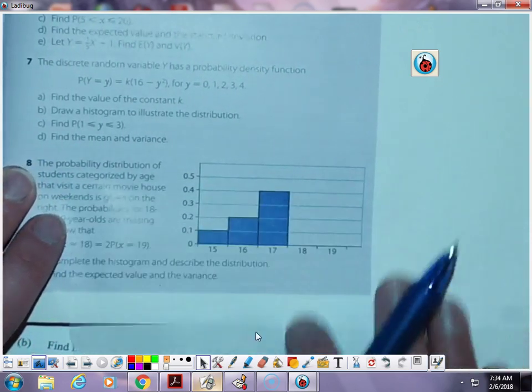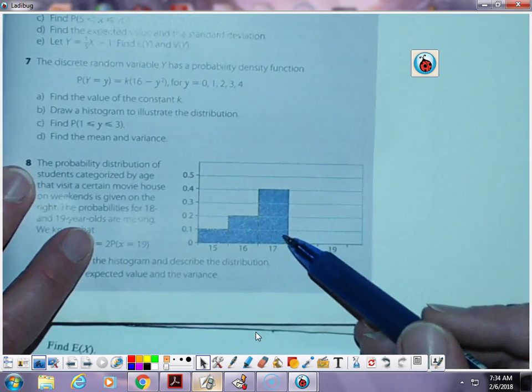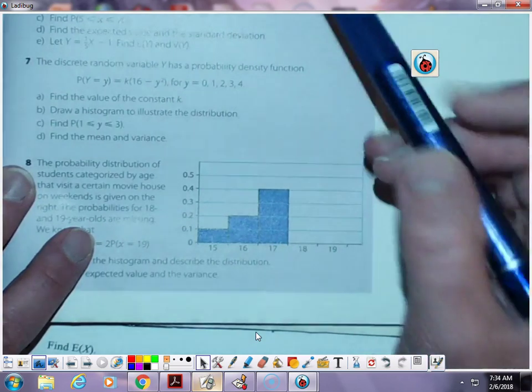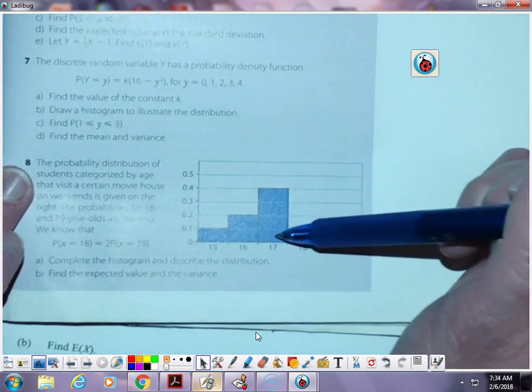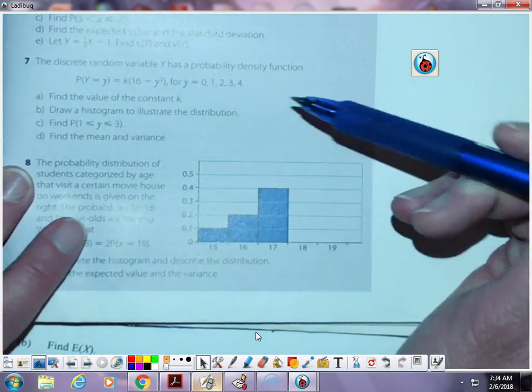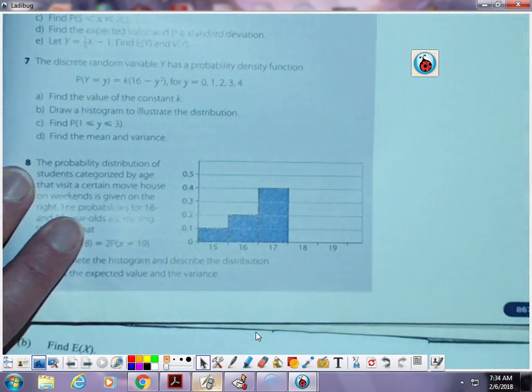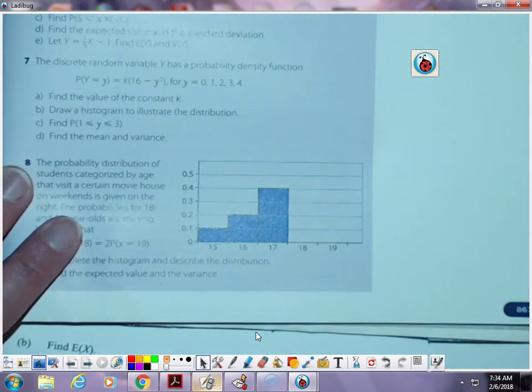The histogram is supposed to be one of these, except that the data we have is discrete, so we're not going to have them touching. We're going to have a gap, so it's going to look like a column graph, not a histogram. I should show them connected on the answer key, but I tried to circle it. A histogram does mean they would be connected, but it said discrete, and when it's discrete, it's not supposed to be connected. So we are not connecting them.